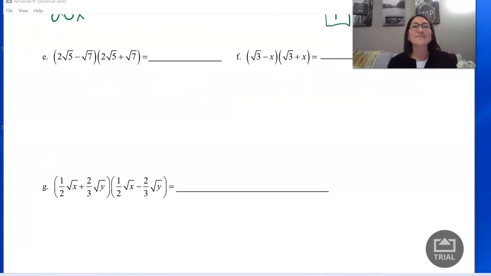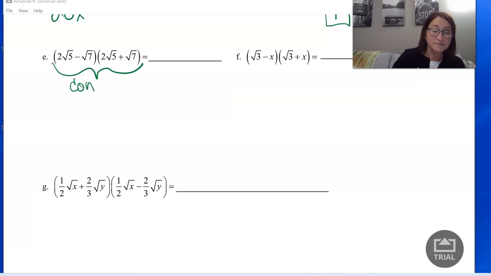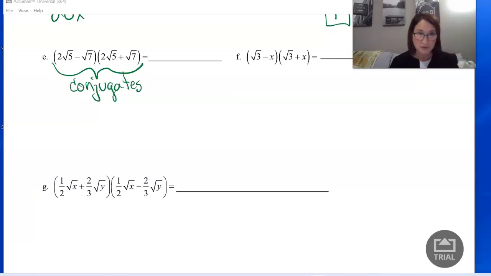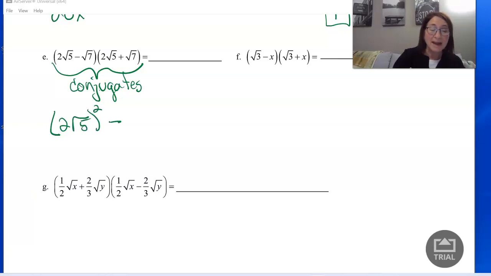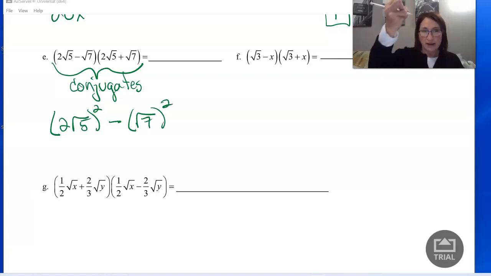Okay. E. E's the same. These are conjugates. And they're going to give you the difference of 2 squares. So this one is going to be 2 root 5 squared minus root 7 squared. Don't forget to raise that 2 to the power of 2.